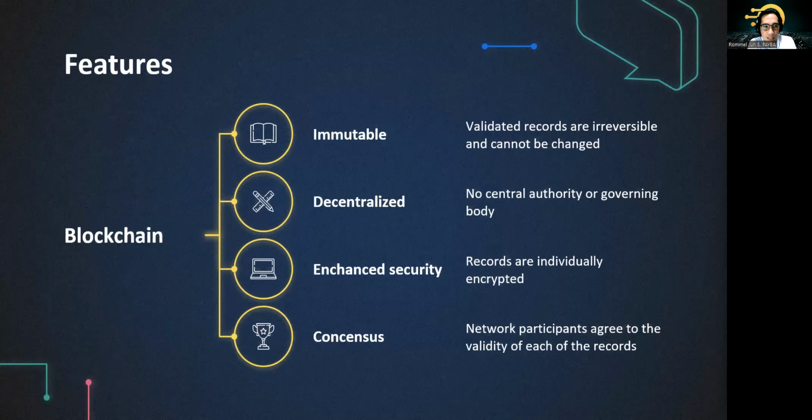The features of blockchain technology is that it's immutable, meaning validated records are irreversible and cannot be changed. You can't reverse them unless you create a different transaction, because the transaction is being validated and checked by everyone in the network.